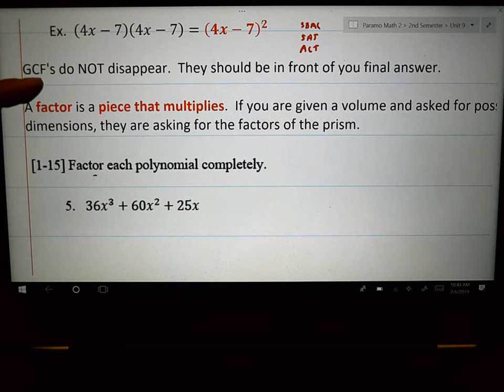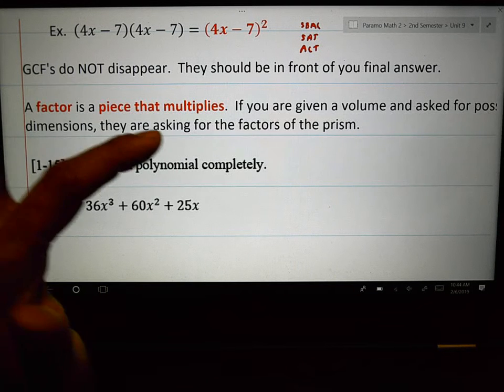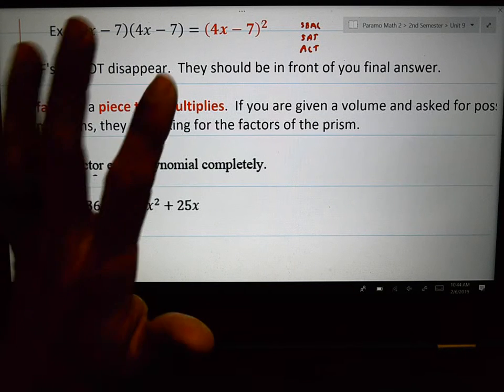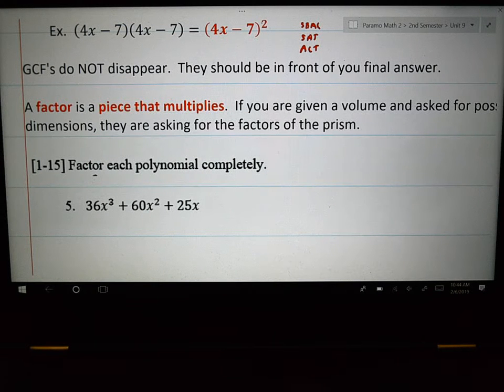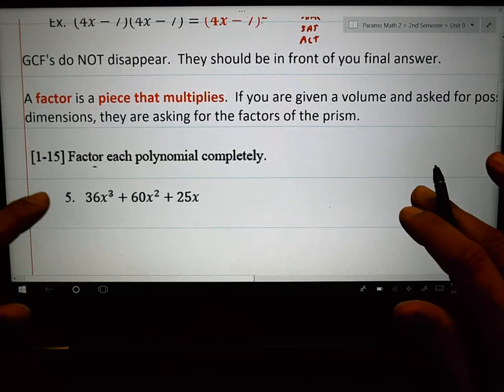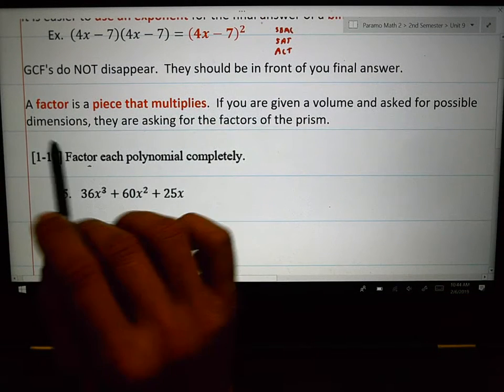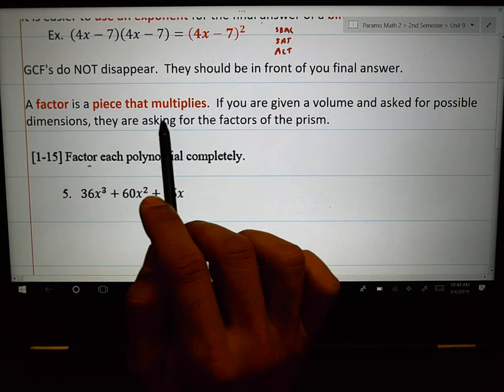If there was a GCF in what you started with, there should be a GCF in your final answer. Don't forget that. They do not just go away. They are in front of your final answer, because that's a common thing that happens, especially when we get to this last section.